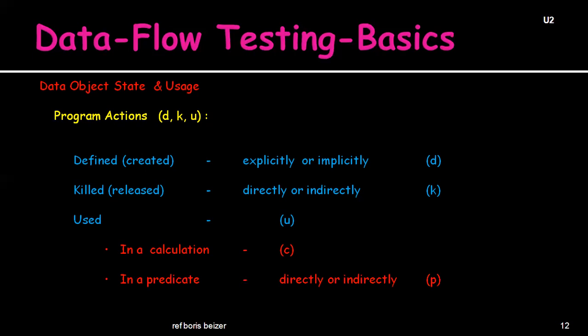So what is meant by D? D means defined. The object is defined explicitly when it appears in the data declaration, or we can define the object implicitly when it appears on the left hand side of the assignment statement.